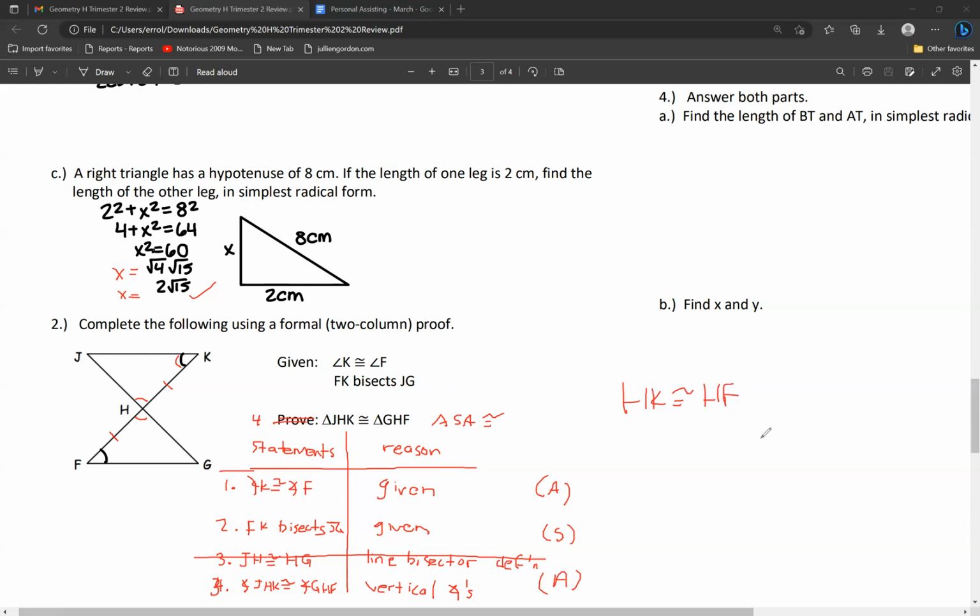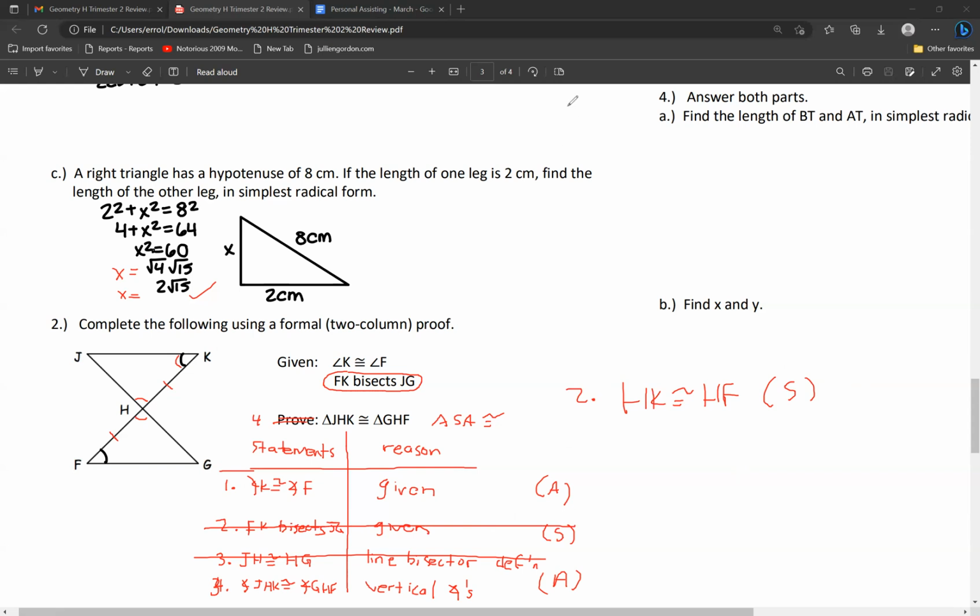Do we know that from FK bisects JG? Yeah. So then we would say angle, side, angle. This one would be the side. So this is number one.